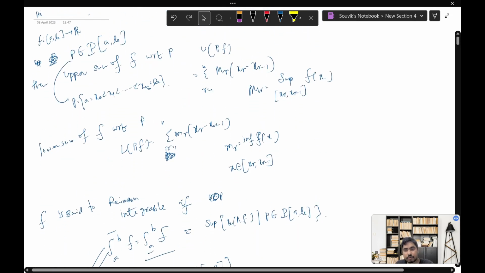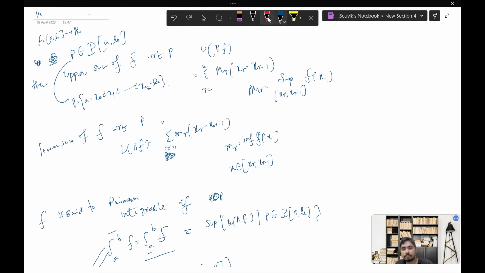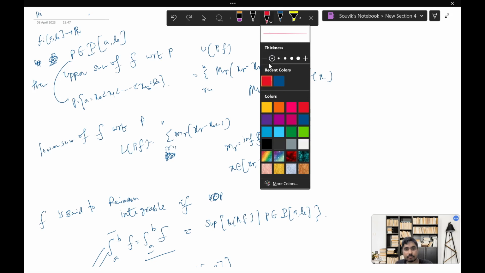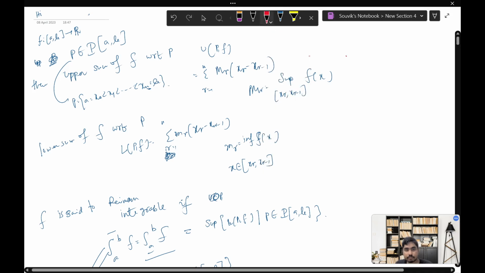First, we introduced the upper sum, then the lower sum, and the definition.